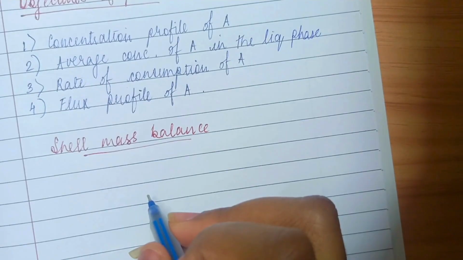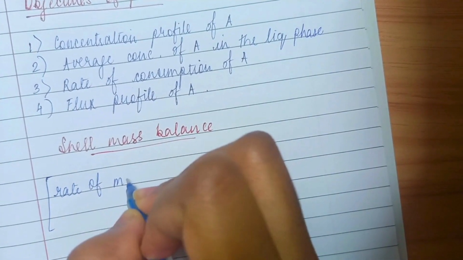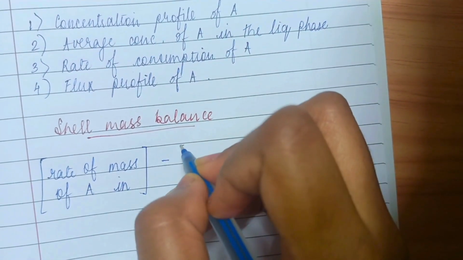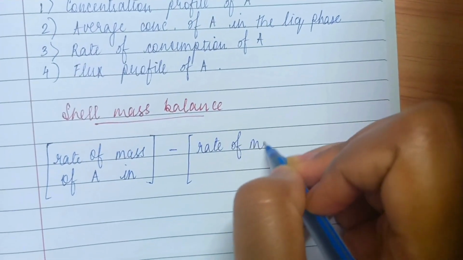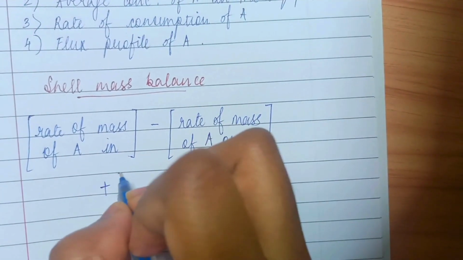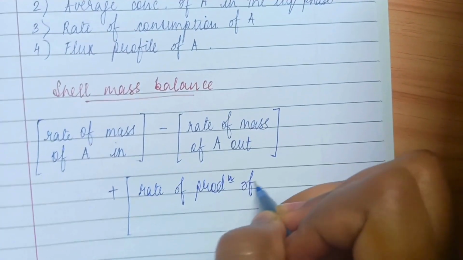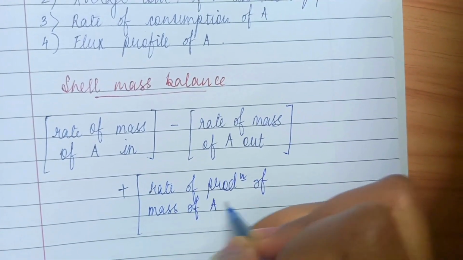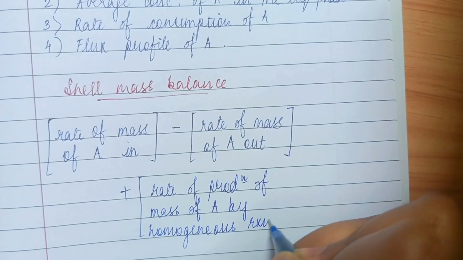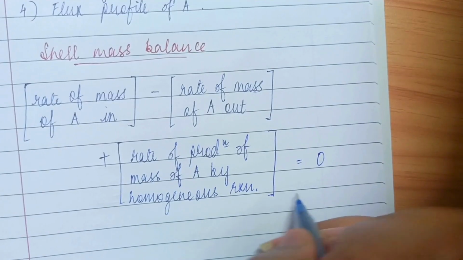So, the mass balance can be written as rate of mass of A in minus rate of mass of A out plus rate of production of mass of A by homogeneous reaction, since it's mentioned in the question that it is an irreversible and homogeneous chemical reaction.